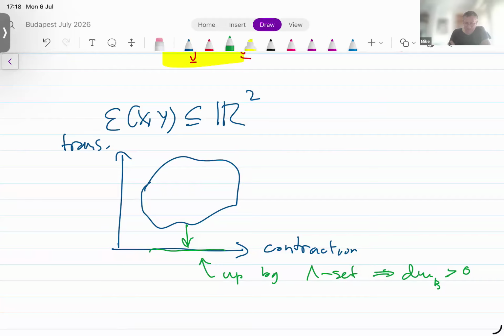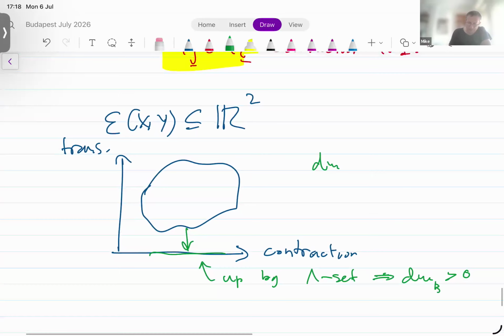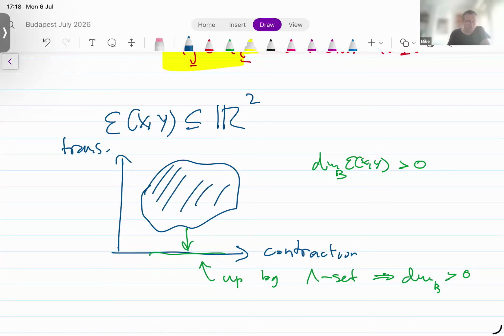And log is a smooth map, and a projection is a Lipschitz map. So if the box dimension downstairs is positive, then we know also that the box dimension of EXY itself is positive. So I know that this subset is not too small. It may have Hausdorff dimension 0 for all I know, but its box dimension at least is somewhat positive.